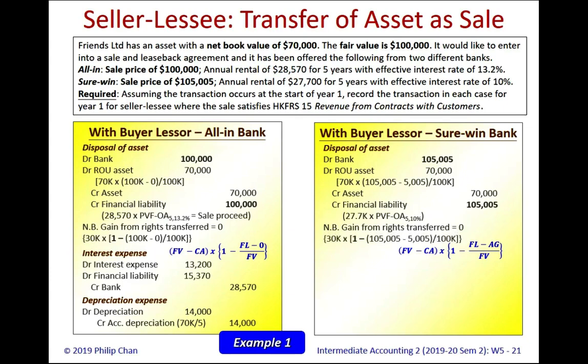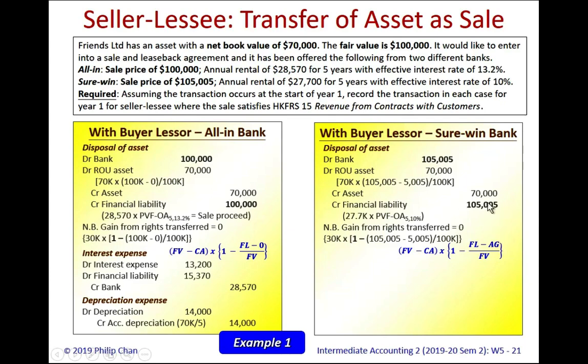We have fair value minus CA, fair value 100, CA 70, that gives you 30, times 1 minus the financial liability 105,005 minus the artificial gain of 5,005, divided by fair value. It is also 0, and they balance pretty well.